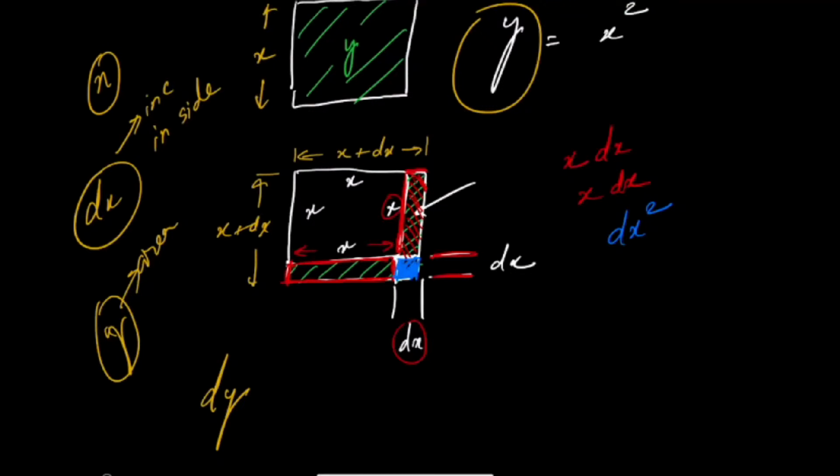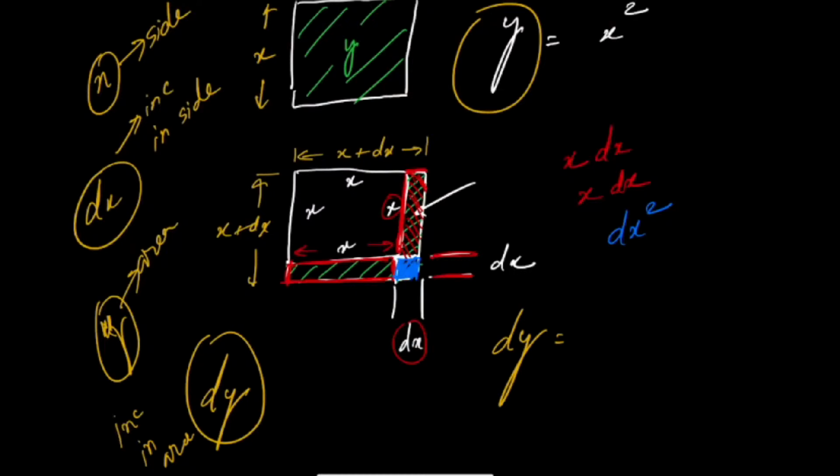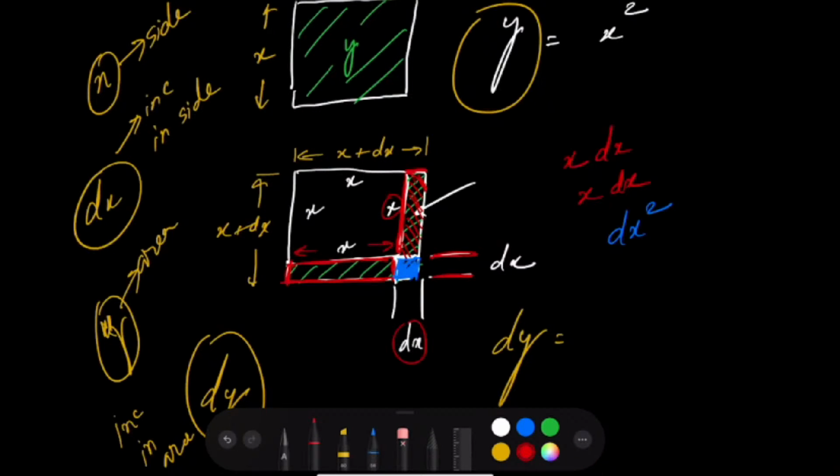If x is the side, dx is the increase in side. If y is the area, then dy is the increase in area. Now tell me, what is the increase in area, dy? It is equal to this red area plus blue area. So it is equal to the area of these two red rectangles plus the blue area of that square.